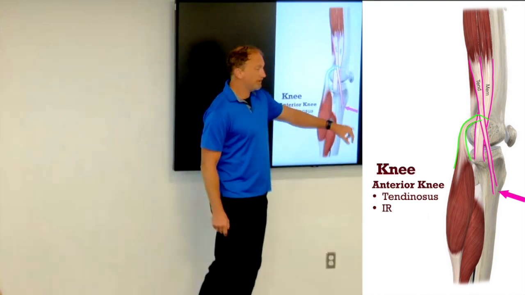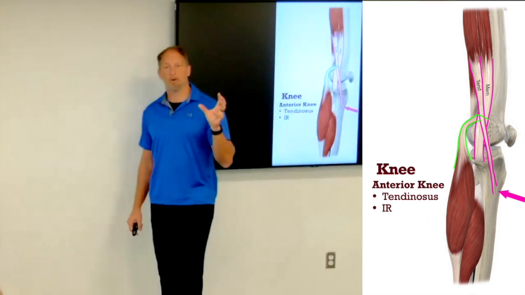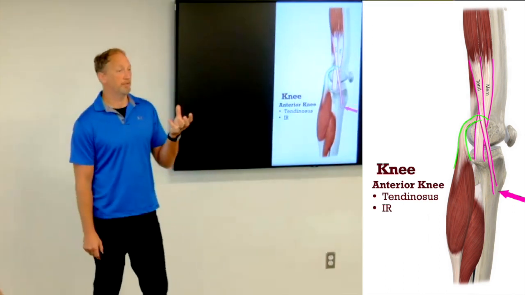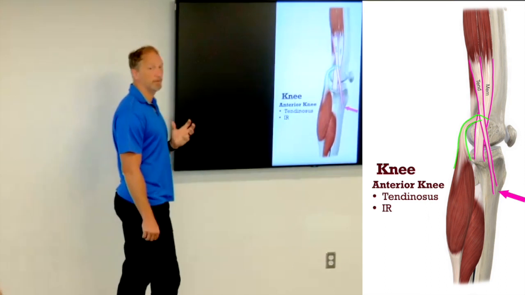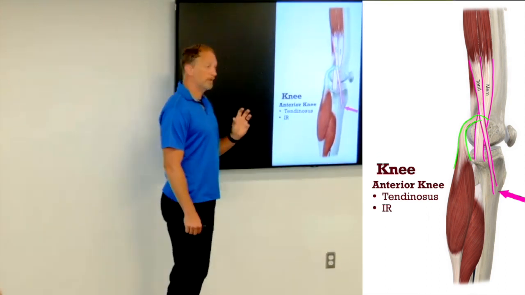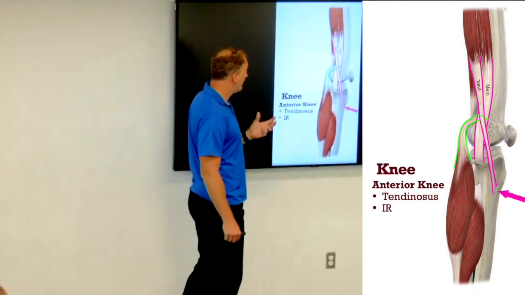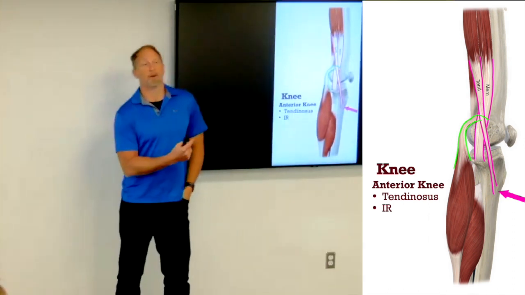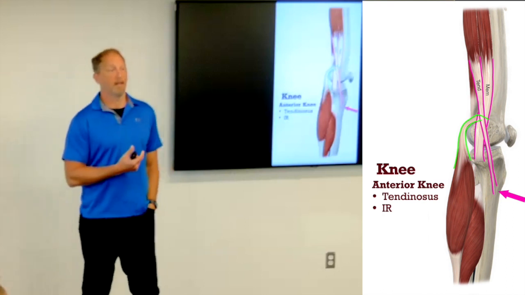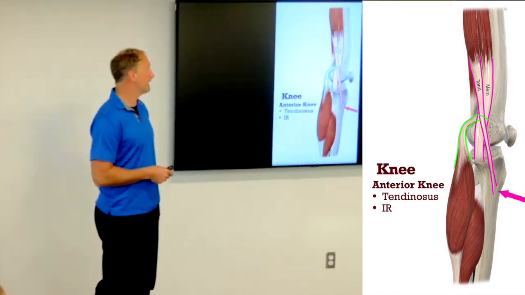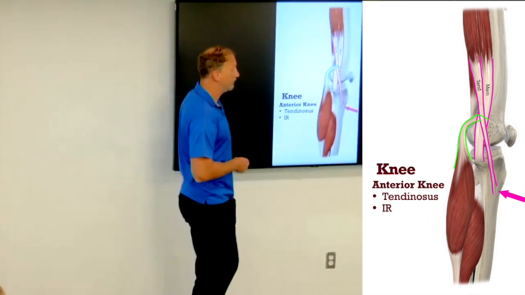Because of this connection, we can exert a lot more internal rotation into the knee than external rotation. We can create a lot more tibial rotation because of that mechanical attachment and how far anterior it sits. And as we flex the knee, we can create a significant amount of tibial internal rotation.